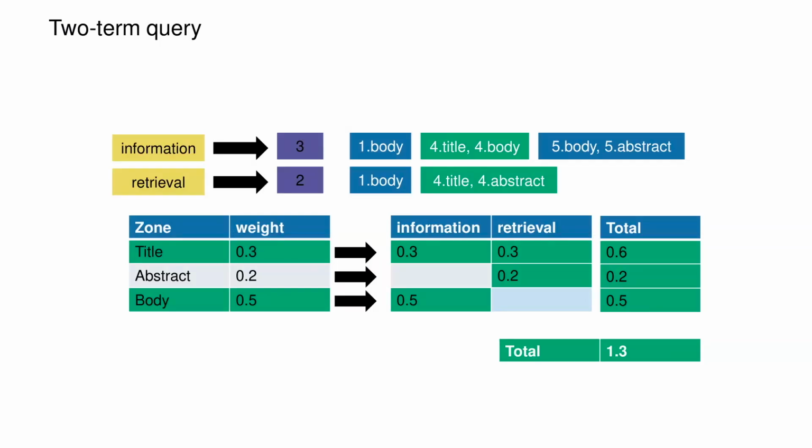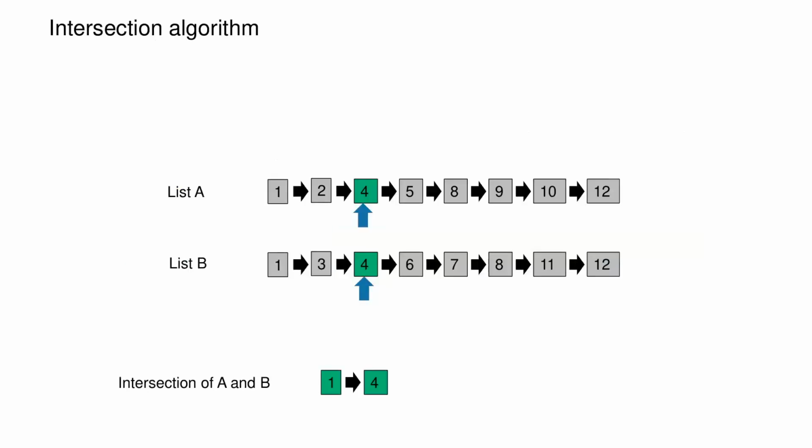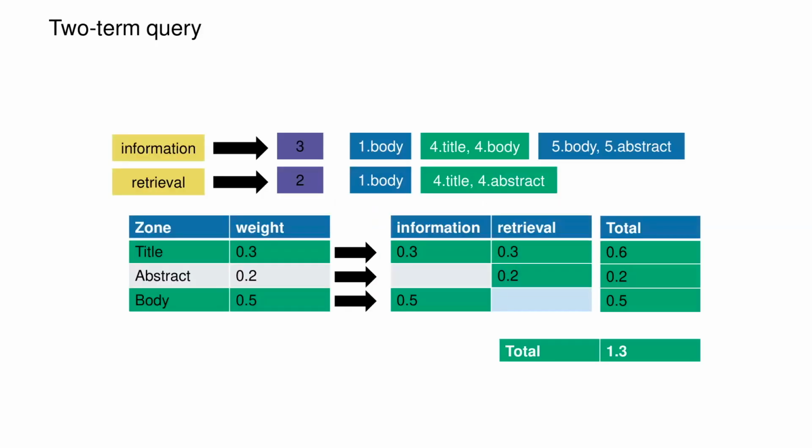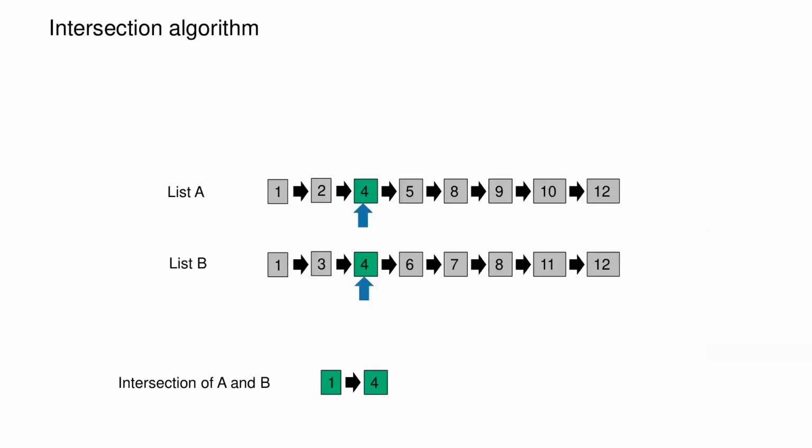So we can compute this dot product dynamically as we proceed through the documents to compute the scores. So for example, if you process at the same time information and retrieval and you're at document 4, then you are going to add all of that together from information and from retrieval to compute your grand total.